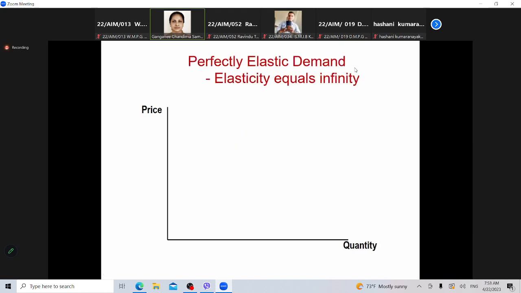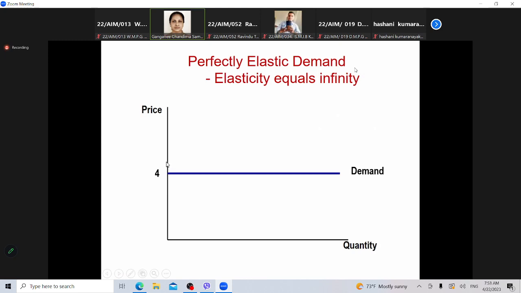So you can imagine if it's perfectly elastic, it is going to be parallel to the x-axis. See, quantity demanded changes, let's say from 0 kilograms to maybe 100 kilograms. But whatsoever the quantity changes, the price stays at 4 rupees. No change.